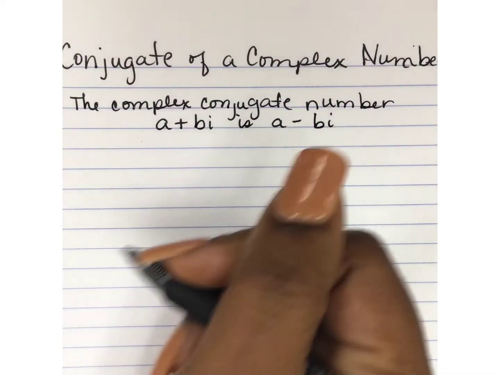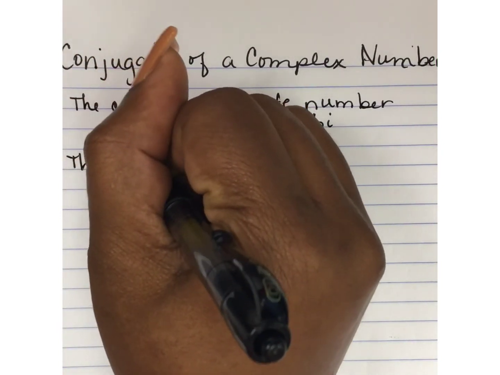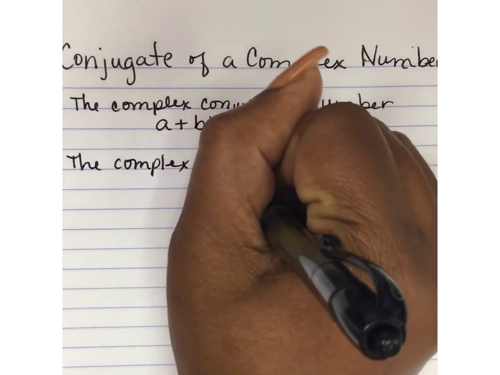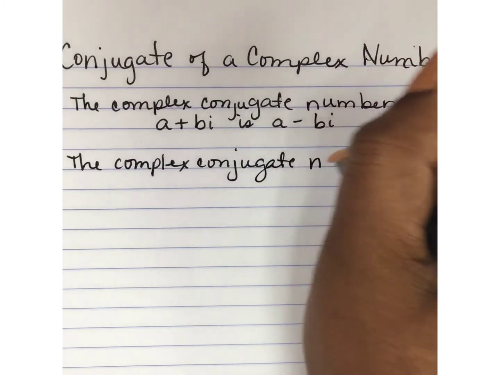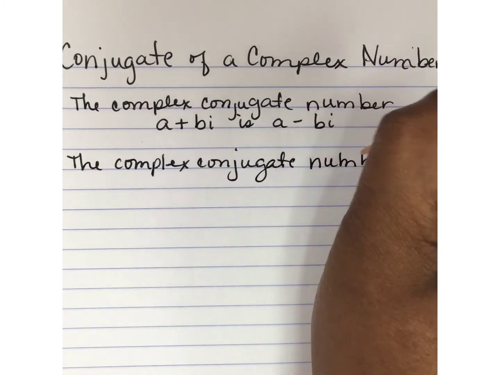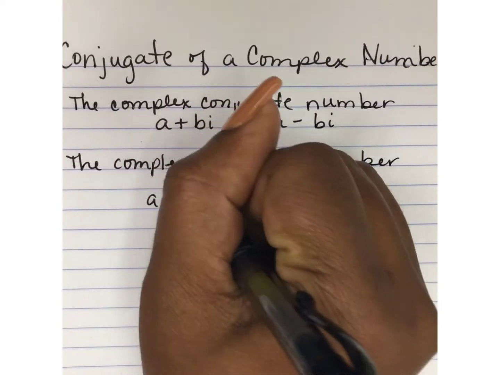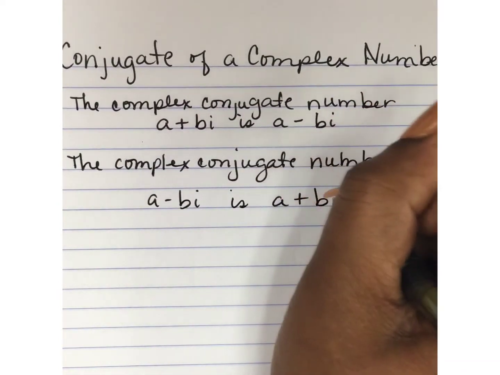And the complex conjugate of a minus bi is a plus bi.